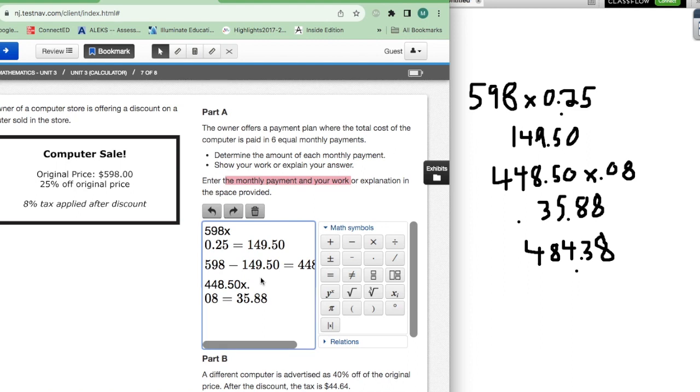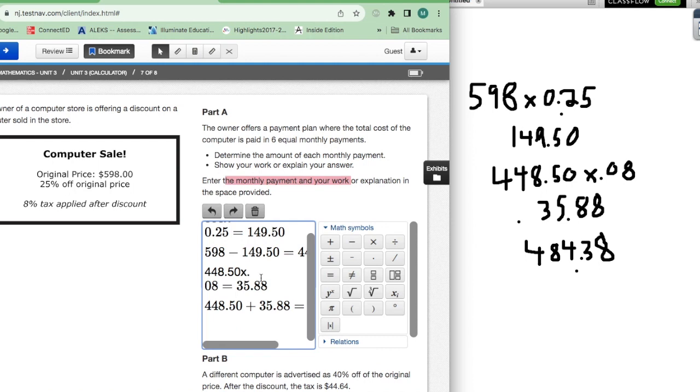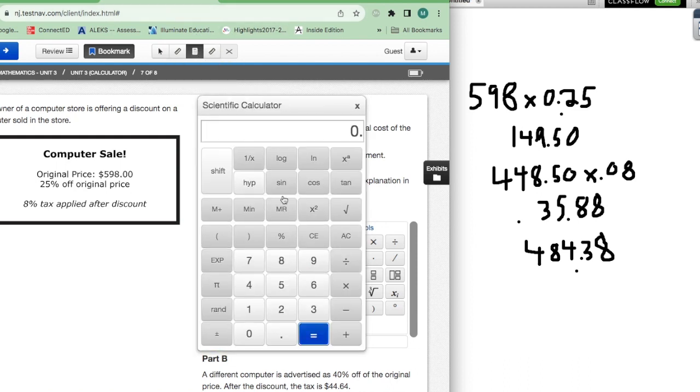Then we added that, 448.50 plus 35.88. So my total cost is 484.38. Now I'll have to take that and divide by 6 to find out what my monthly payment is.